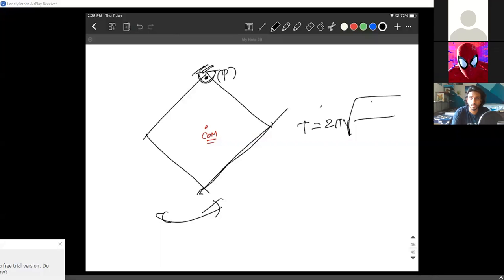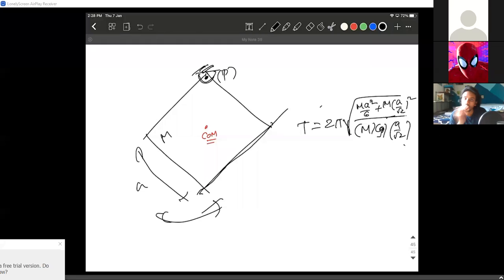So the moment of inertia will be ma square by 6 plus m into a by root 2 whole square, where a is the side of the square plate and m is the mass, divided by m into g into a by root 2. Sharad, do you agree? Yes, sir. I think the answer is right now.